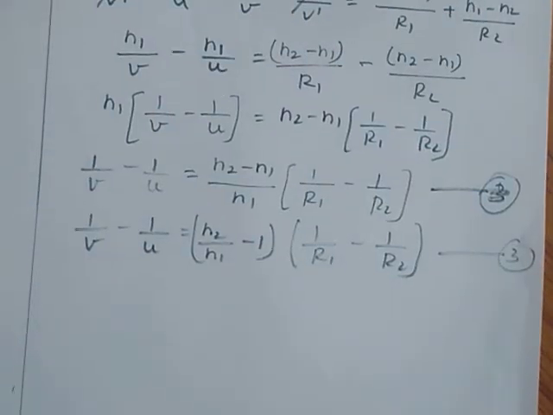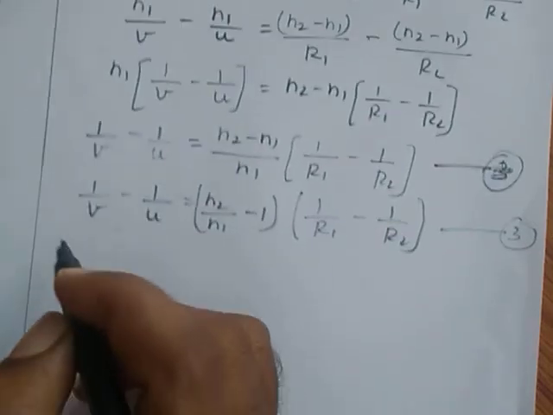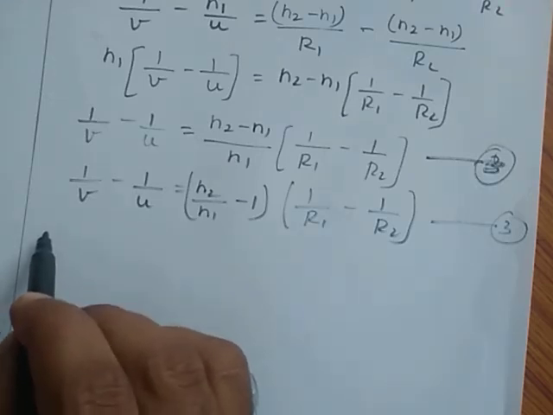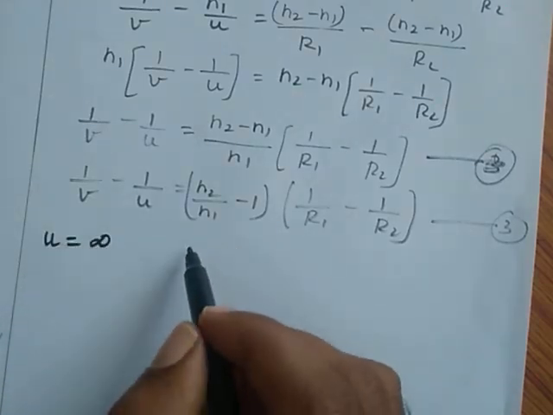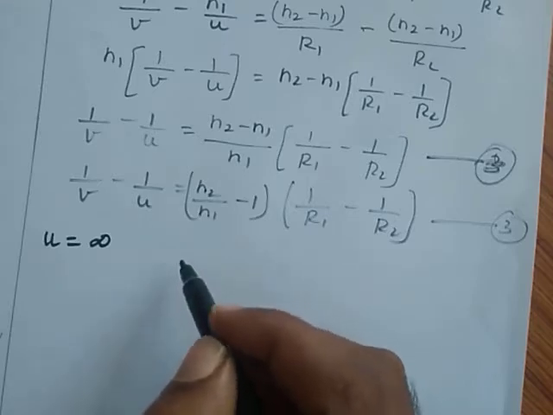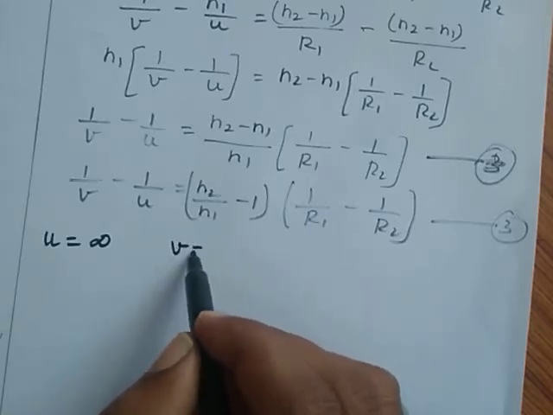Suppose I consider the object O at infinite distance, so u is equal to infinity. Then we get the image at the focus, so v is equal to f.